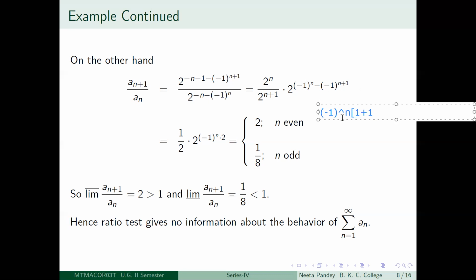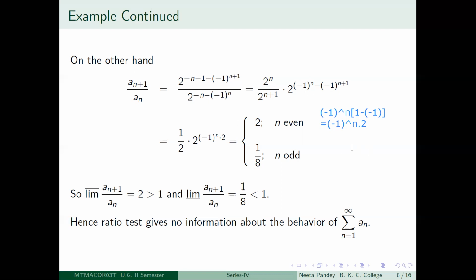You take out minus 1 to the power n, you get a 1 here, and then here you have minus of minus 1, so you get a plus 1. So that is equal to minus 1 to the power n times 1 minus minus 1, which becomes 2, right? So this is what I'm trying to say. So this one becomes 2 to the power minus 1 into 2. Everything is in the power, and this is half.